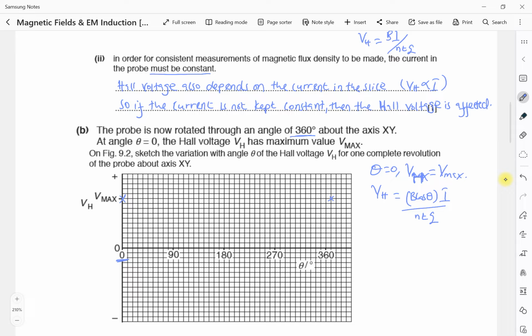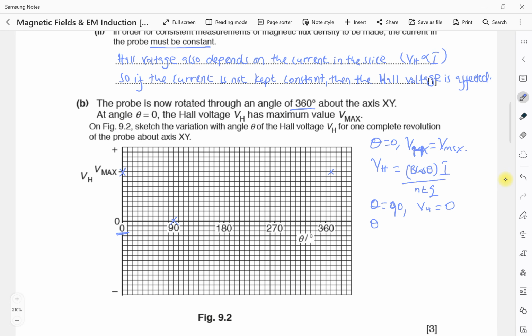Therefore, you can check for theta equals 90. We know that cos of 90 is 0, so V_H is going to be 0.